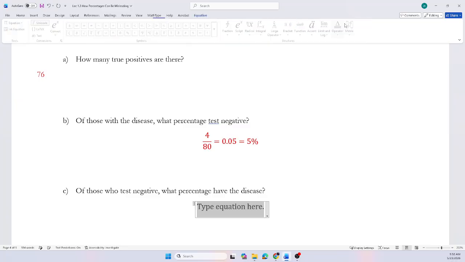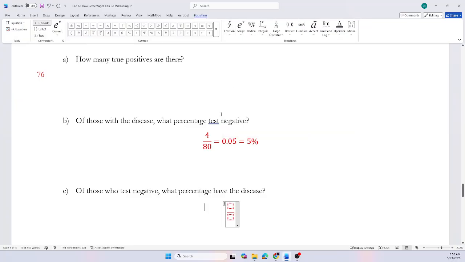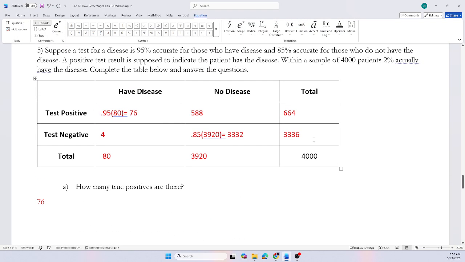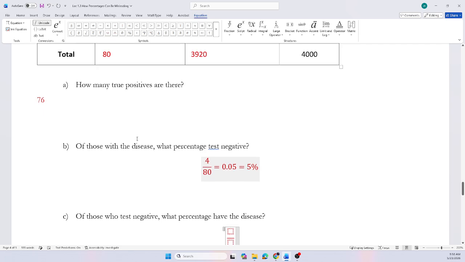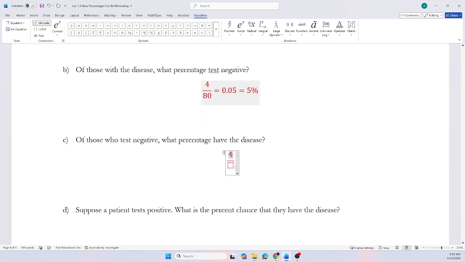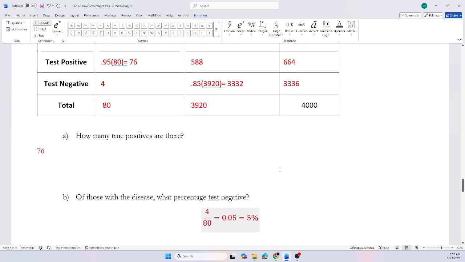So now we're looking at all the people that tested negative. So if we look at our table, there's 3,336 people that tested negative. Out of those 3,000 plus people that tested negative, only 4 of them actually have the disease. So this is going to be a very, very small number.